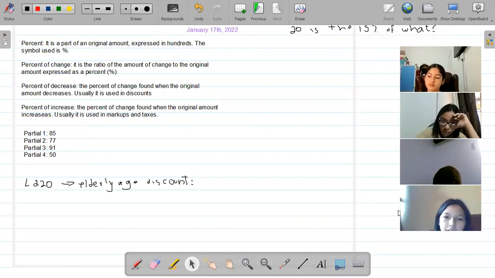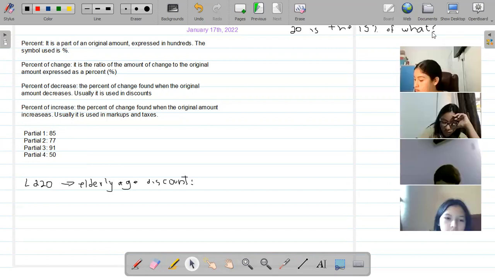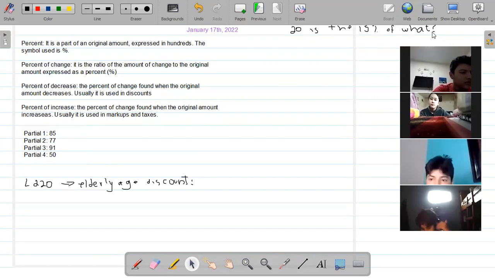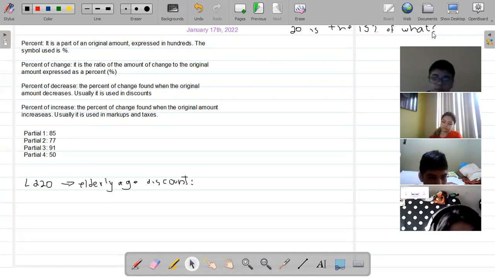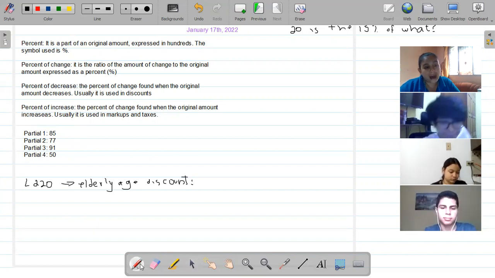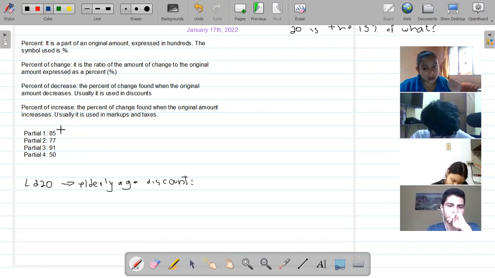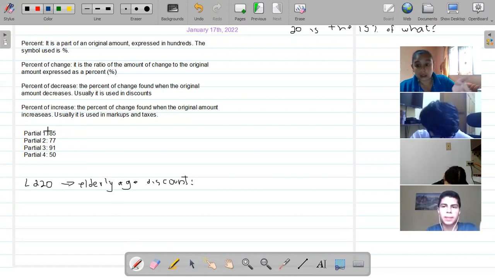So now we need to find a percent in order to determine if the student actually passed the math class. In this case, where you have all of the grades of the 4 partials, the only thing that you need to do is to find a mean. The percent, the average in this case, will be the mean. That's why we saw first the measures of central tendency, then proportions, and now percent, because that way we will be able to find the average of your grade.